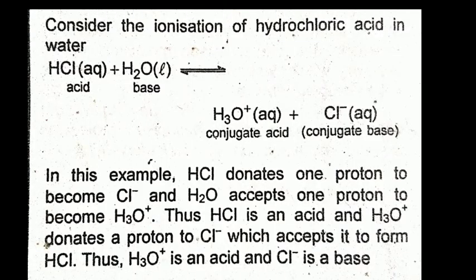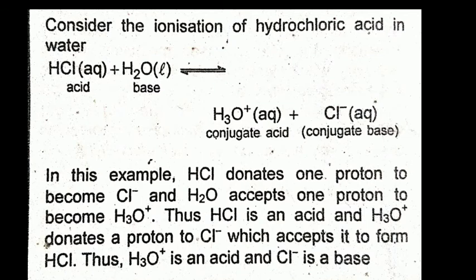For example, consider the ionization of hydrochloric acid in water. HCl plus H2O reversibly gives H3O+ plus Cl-. In this example, HCl donates one proton to become Cl- ion and H2O accepts one proton to become H3O+ ion.